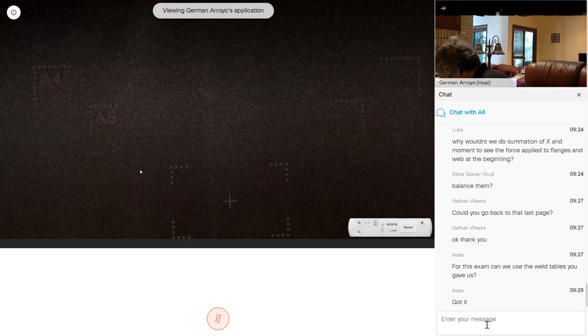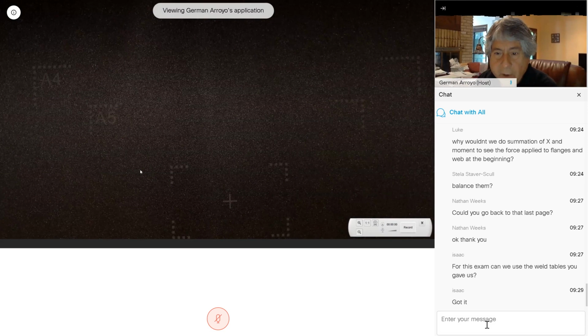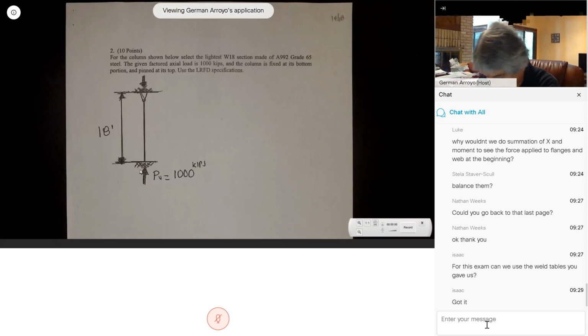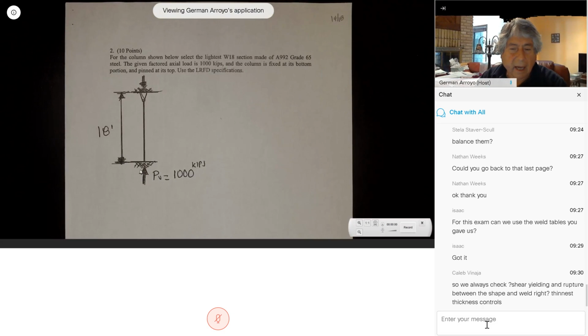Several people asked me about a problem like this one. So we always check shear yielding and fracture between the shape and the wall. Right.